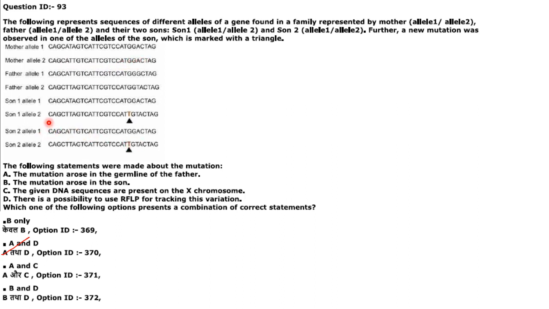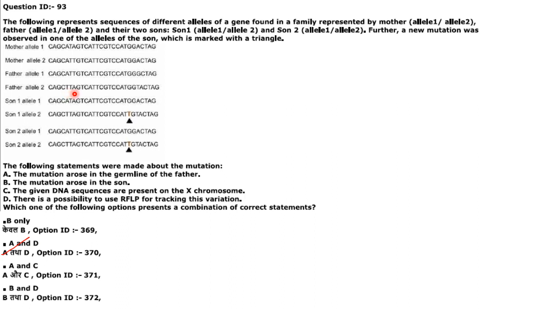But if you see this one, where they have marked a mutation in the form of a triangle, we have to see from where that allele has come to son 1. So CAG, CTT, you see that it is the same as father allele 2.